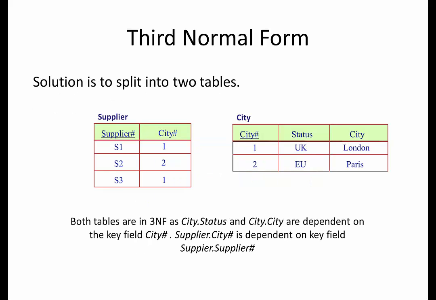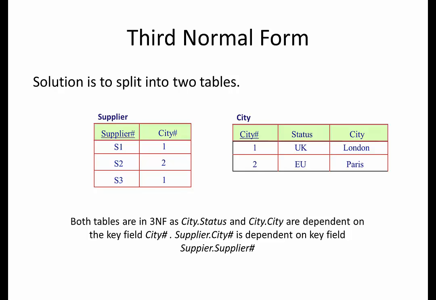So again, we split it into two tables. In this case, we've got the city, status, city. So in this case, the city is the city number. Both tables are in third normal form.